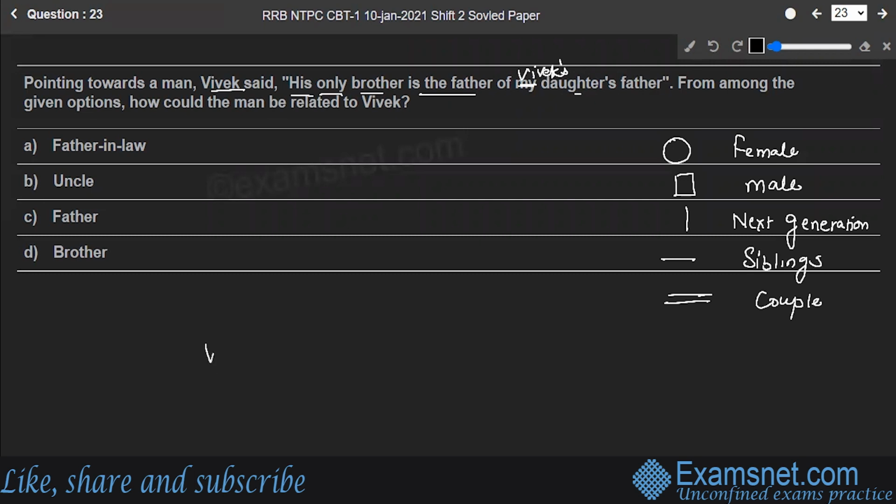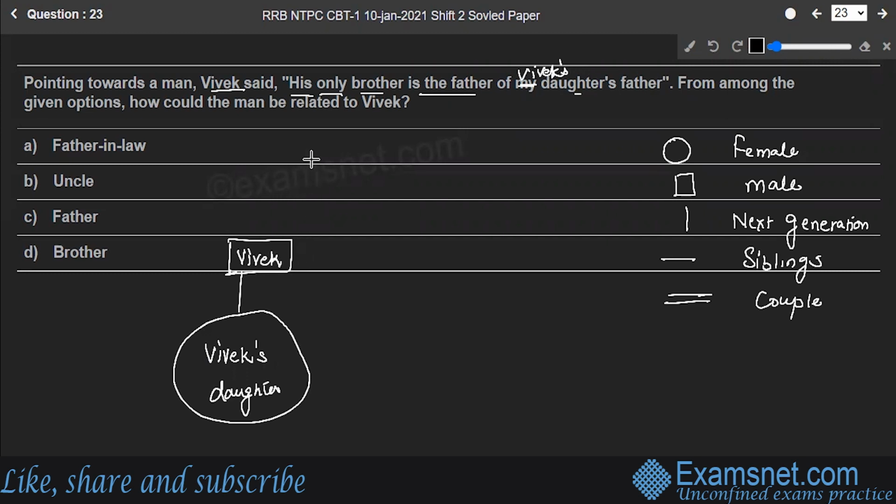Let's draw this. First of all, we will make Vivek's daughter female. So put it in a circle. Next, Vivek's daughter. So I'll make Vivek over here. Now, Vivek's father. Then, brother of Vivek's father. So they both are siblings.